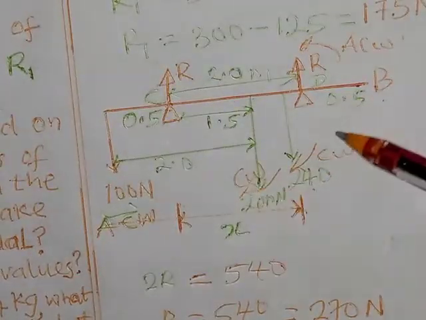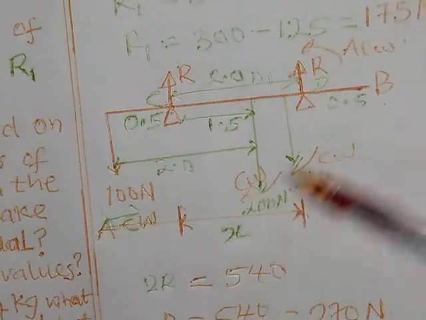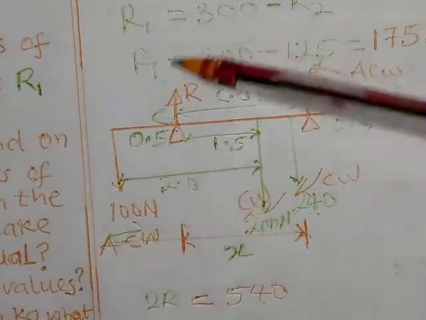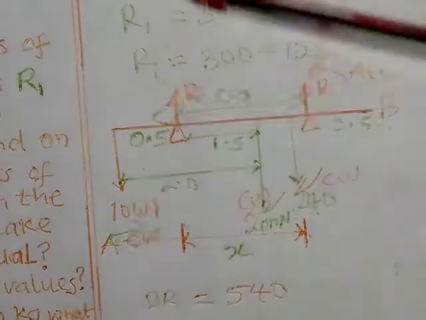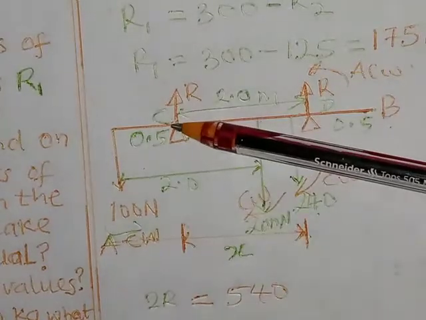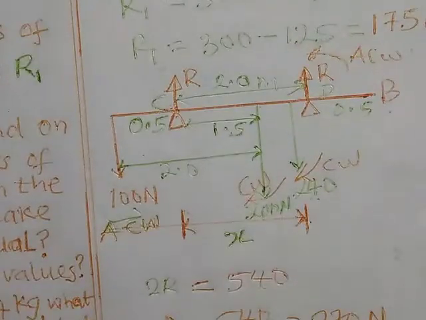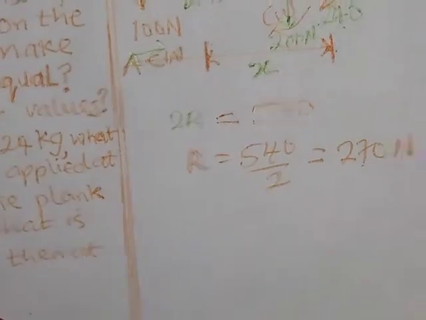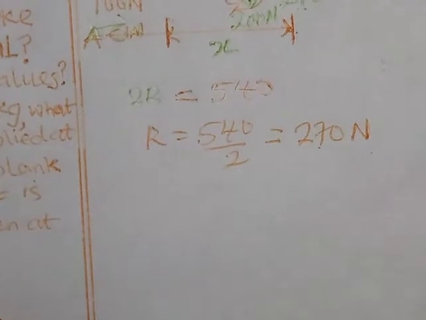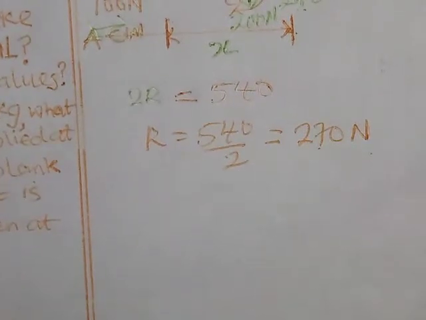That is clockwise, and this is clockwise in this direction, and this will go anti-clockwise. Remember that this is already 0 because I'm taking moment about this pivot here. So the moment of this due to arrow is equal to 0. Now let us apply the principle of moment again. By the principle of moment, clockwise moment must be equal to anti-clockwise moment.